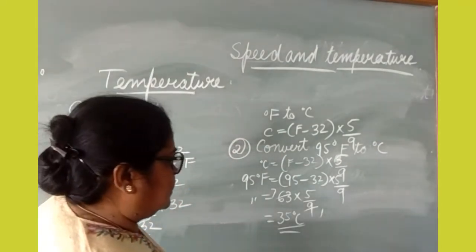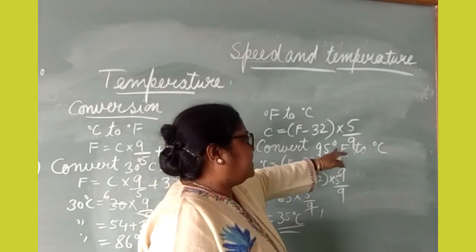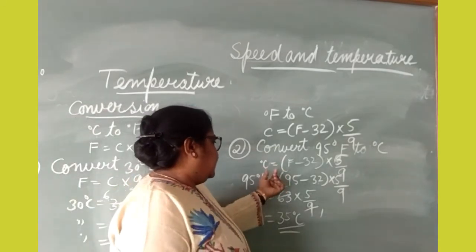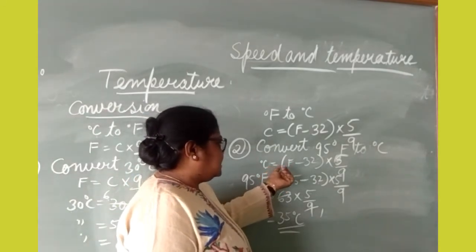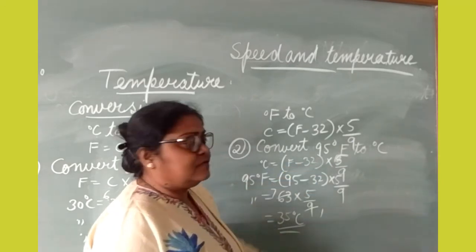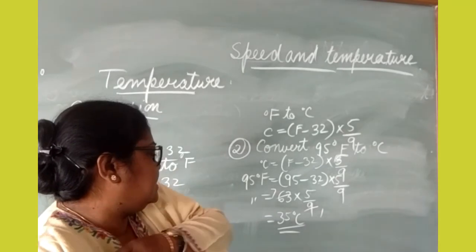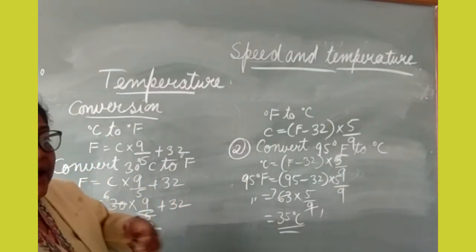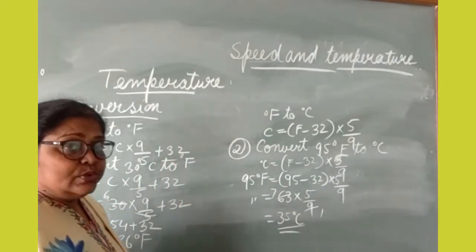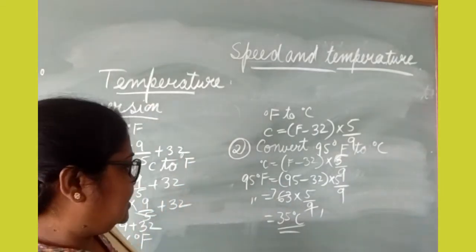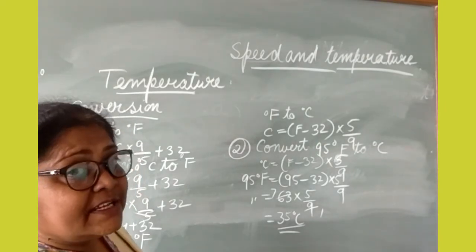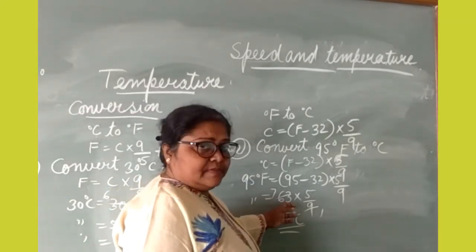The question is: convert 95 degrees Fahrenheit to centigrade. The formula is degree centigrade equals (Fahrenheit minus 32) into 5 by 9. So 95 degrees Fahrenheit equals (95 minus 32) into 5 by 9. 95 minus 32 gives 63.